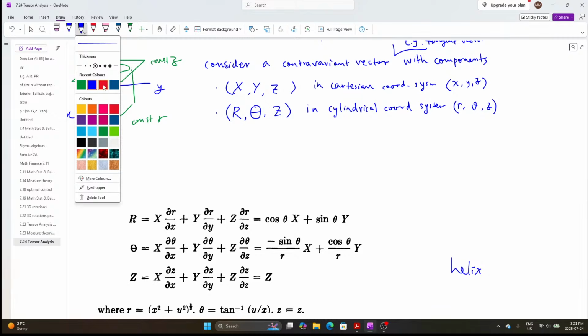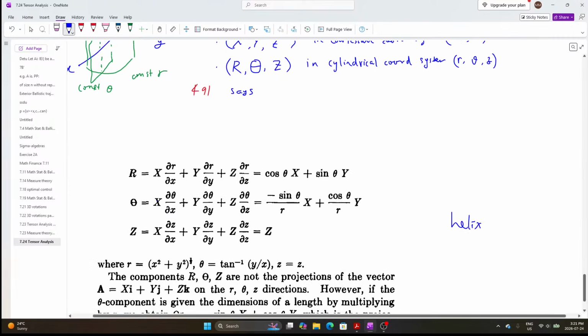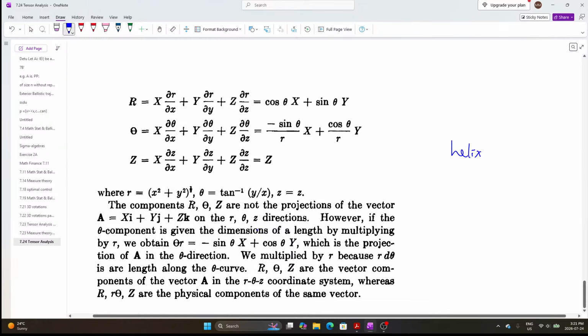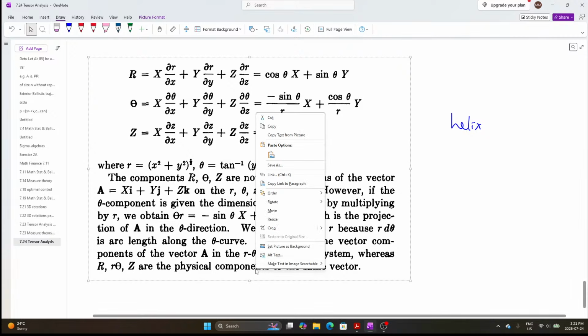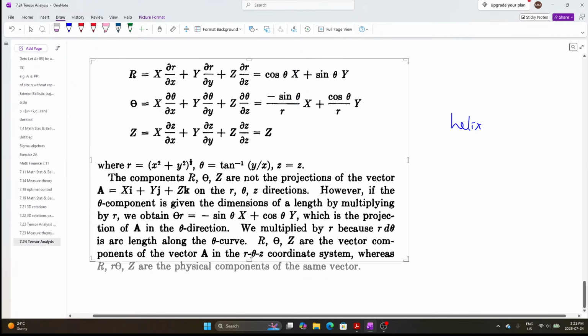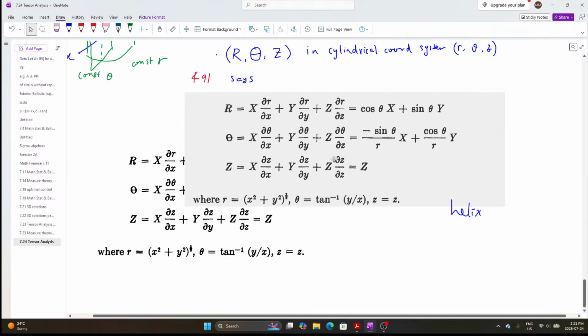Recall, 491 says how you convert big X, big Y, big Z to big R, big theta, big Z. For that I'm just going to use this, to save time. So this is the transformation. This is 491.